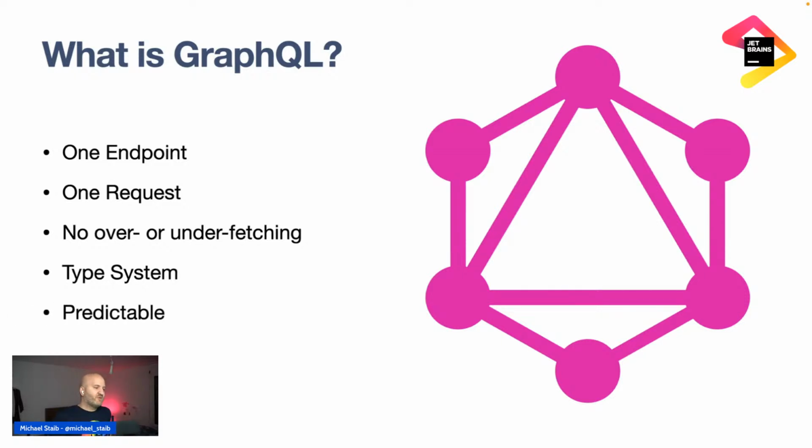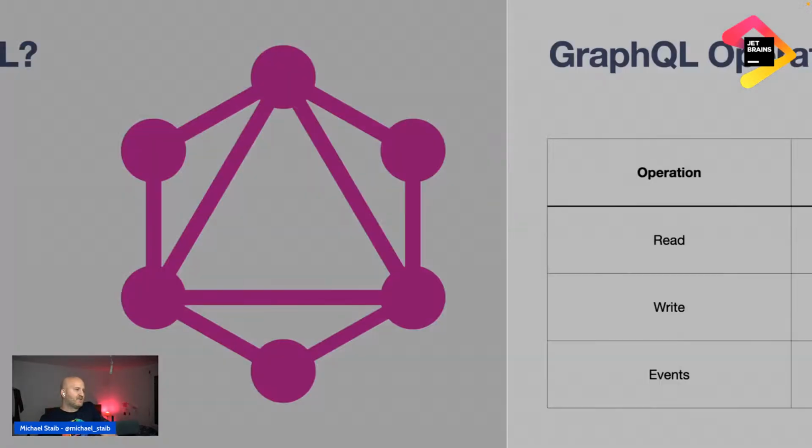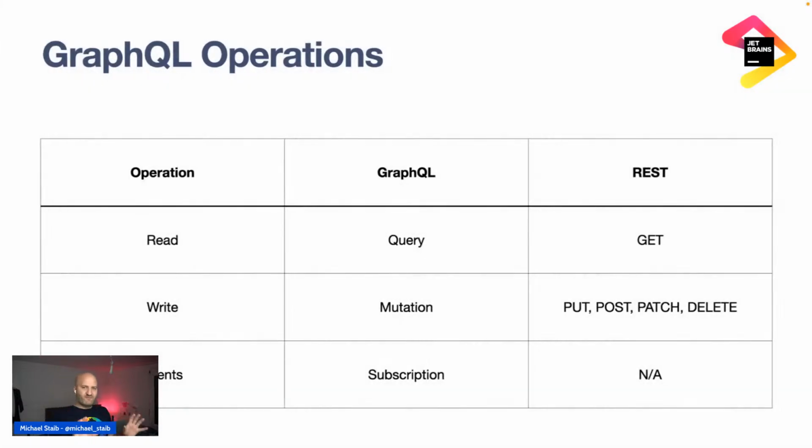And that makes GraphQL really predictable to use for the consumer. On top of that, GraphQL is real time, and we also have a look at that as we go along this talk.